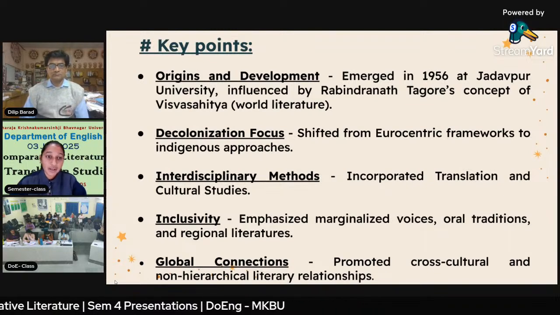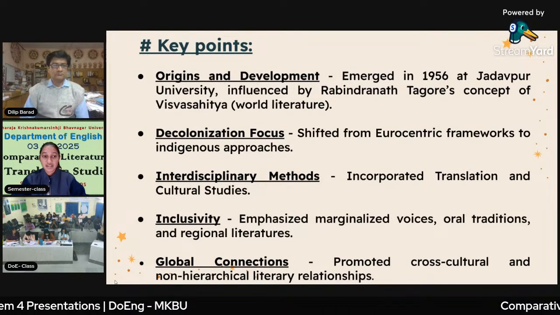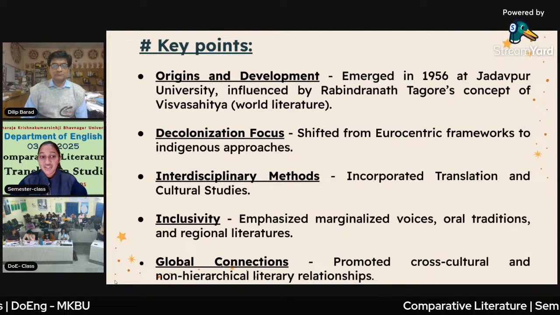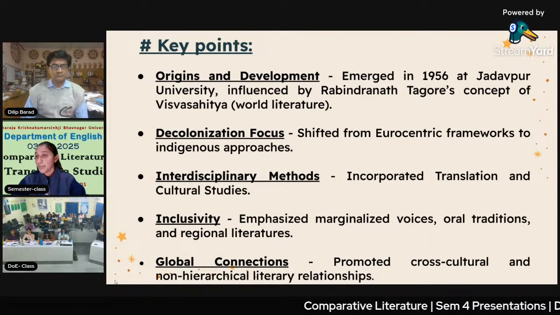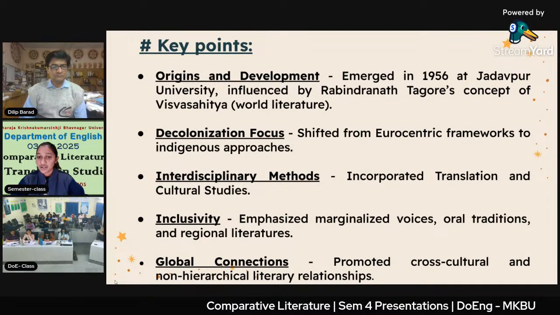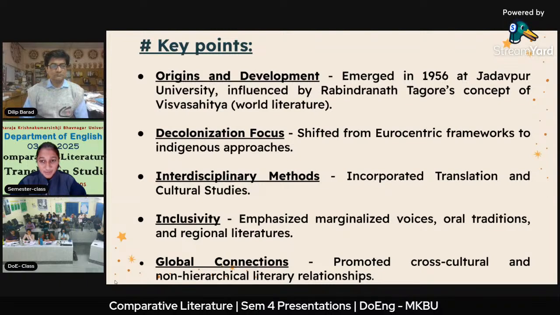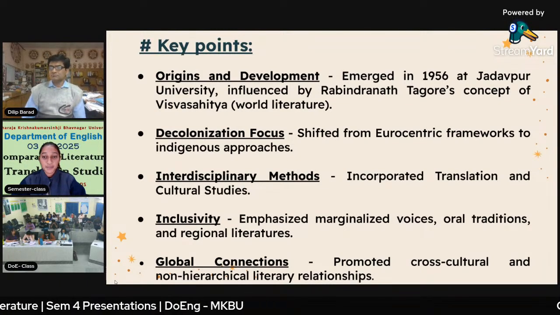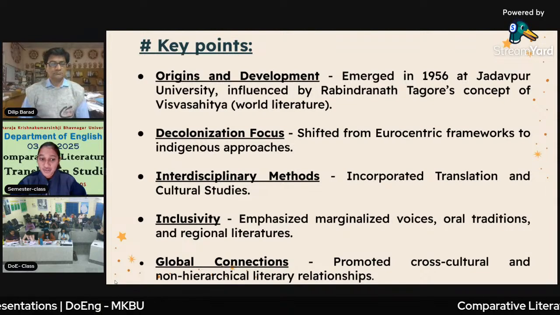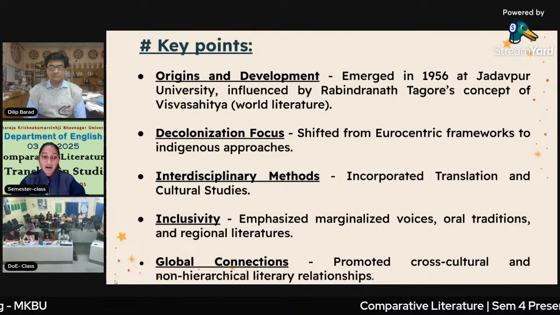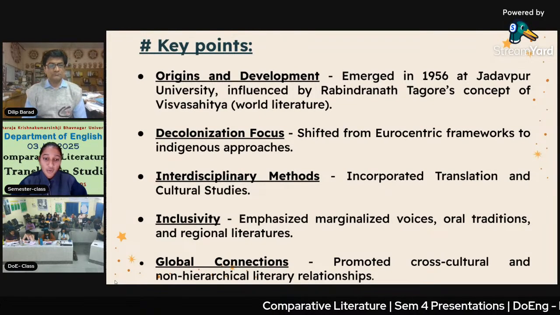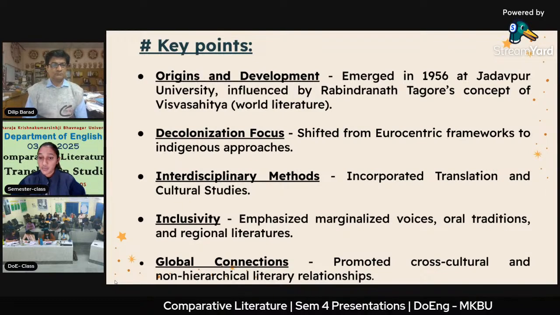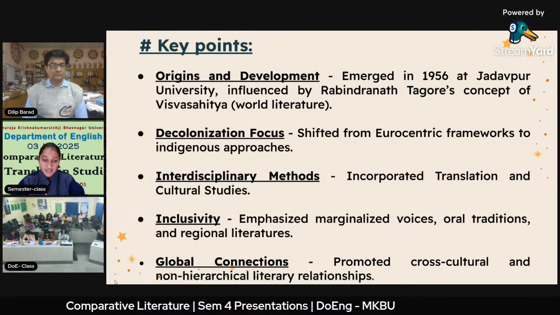Now the main ideas discussed in the article. First, the emergence of comparative literature, according to Subha Chakraborty, in 1956 at Jadavpur University, influenced by Rabindranath Tagore's concept of Vishwa Sahitya, or world literature. Another is the focus on decolonization, shifting from Eurocentric frameworks to indigenous approaches.